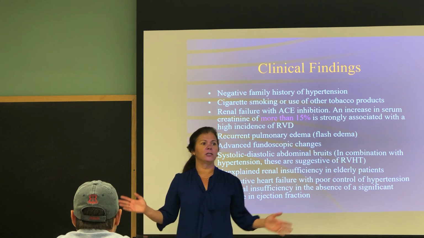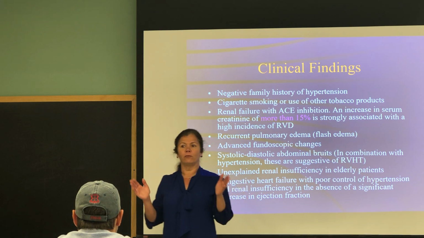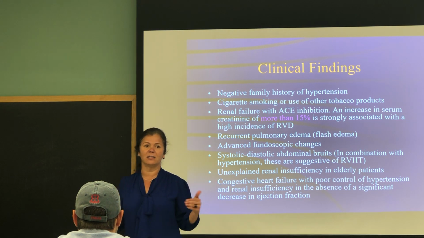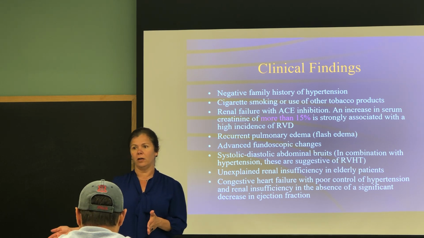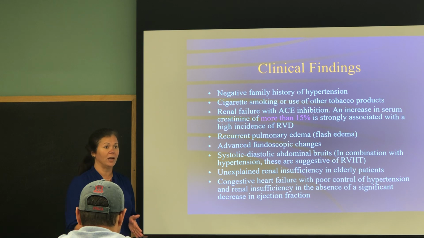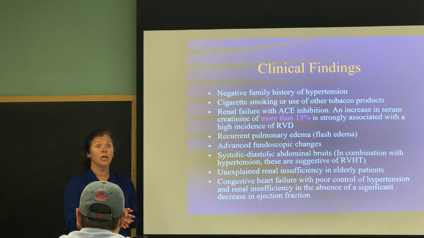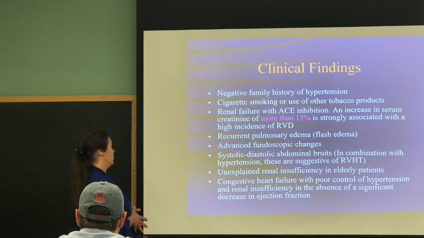True, it could be possible. But again, if this is the first time and the patient denies having any events before, 3 months is not enough to develop complications of hypertension. And if it's so fast, so acute, so deteriorating, you have to rule out renal artery stenosis.